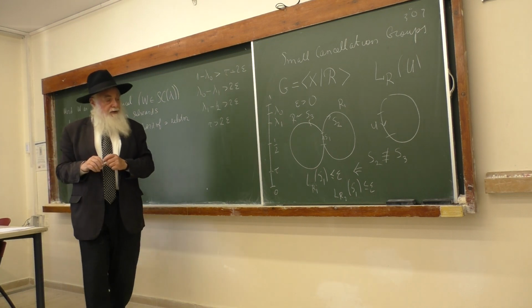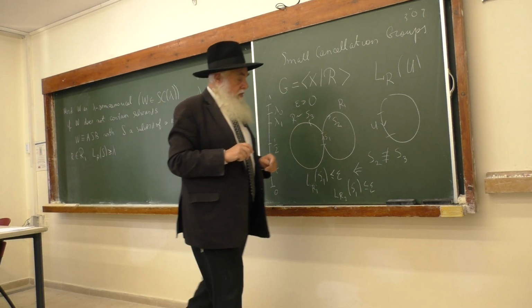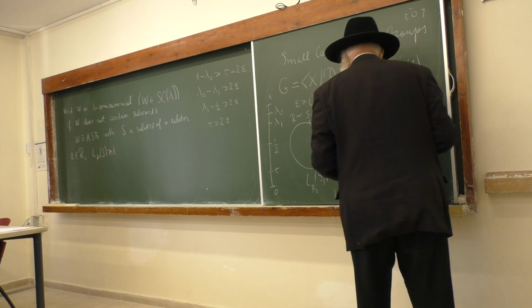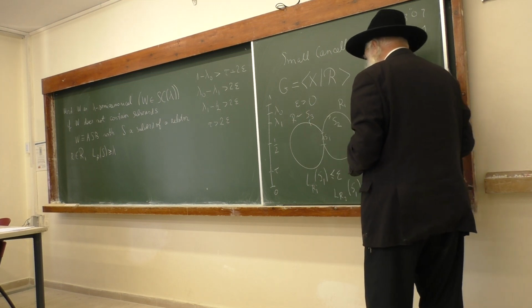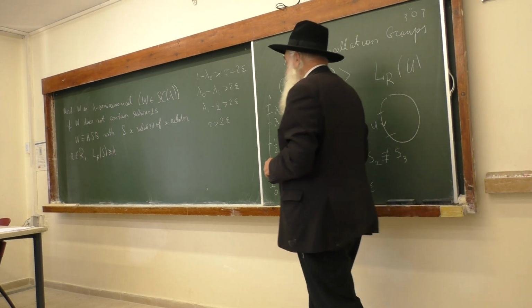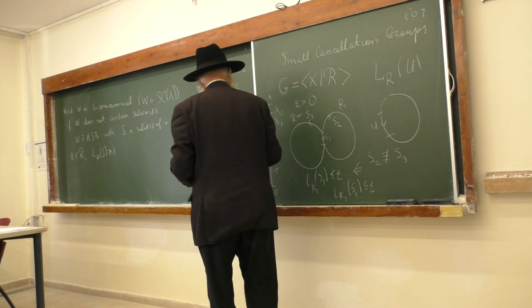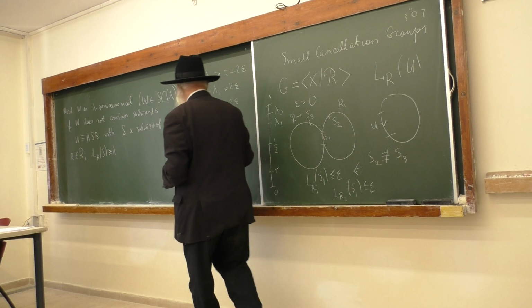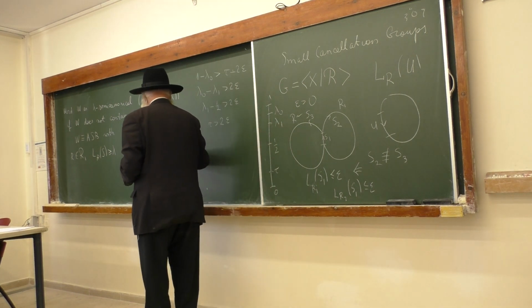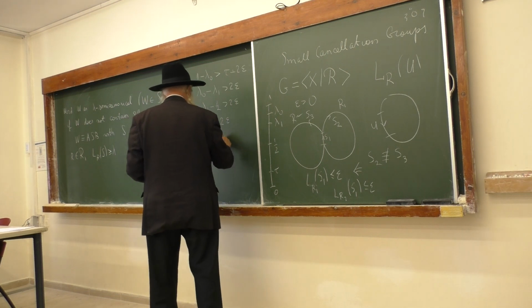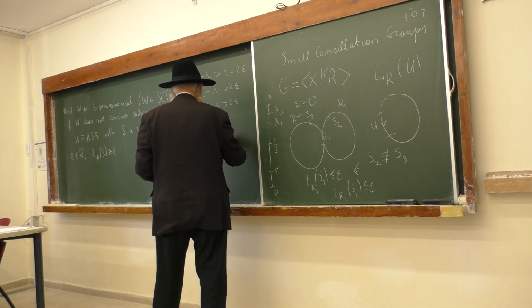So the first thing that we should do is to define the equivalence for two lambda semi-canonical words. Actually, we take two words, lambda 1 and lambda 2 should be two semi-canonical words for lambda 1.